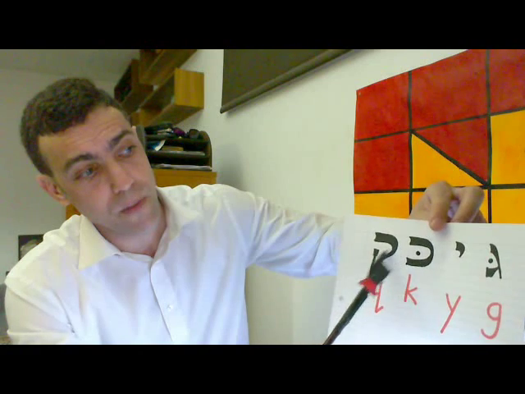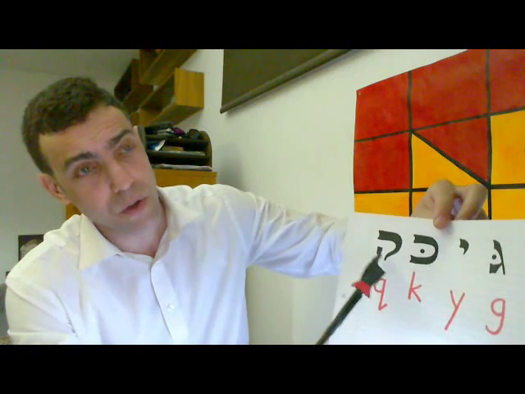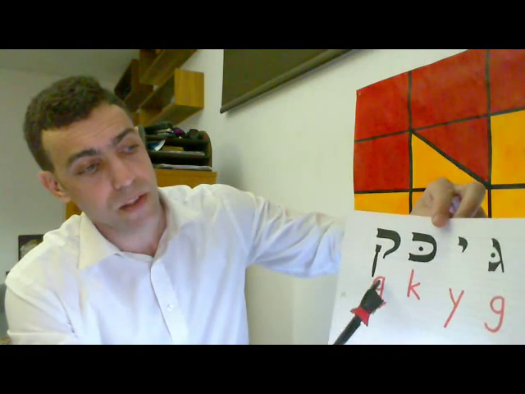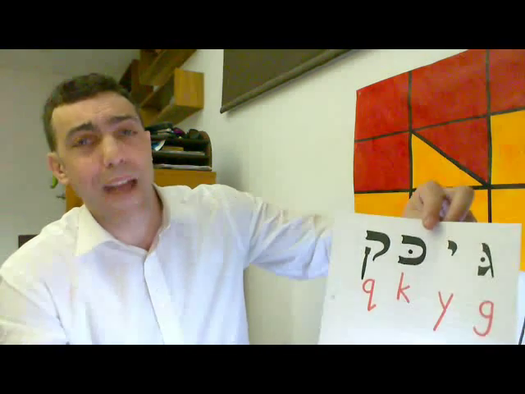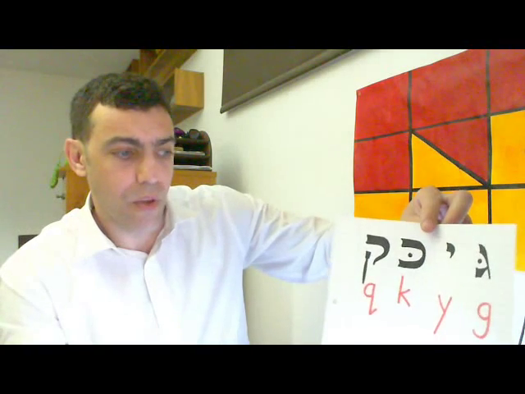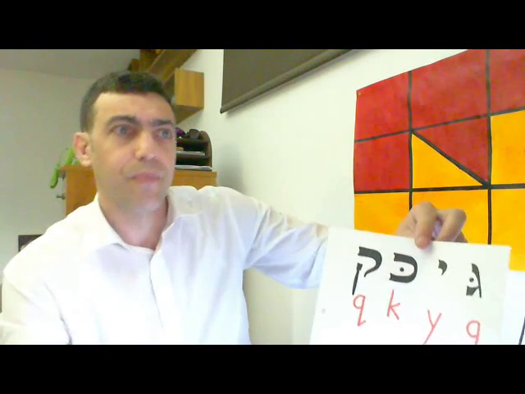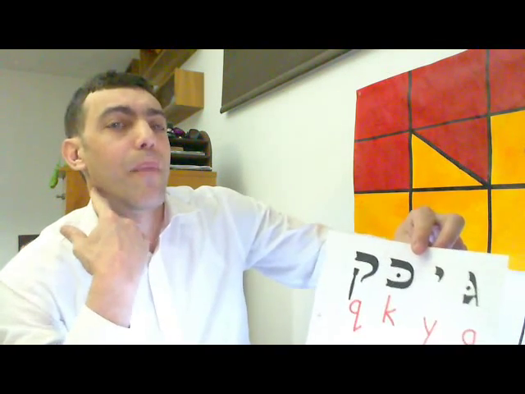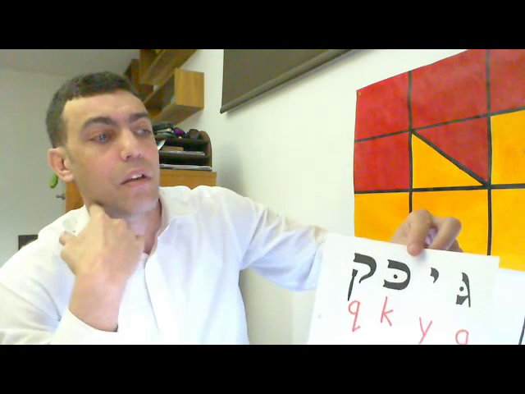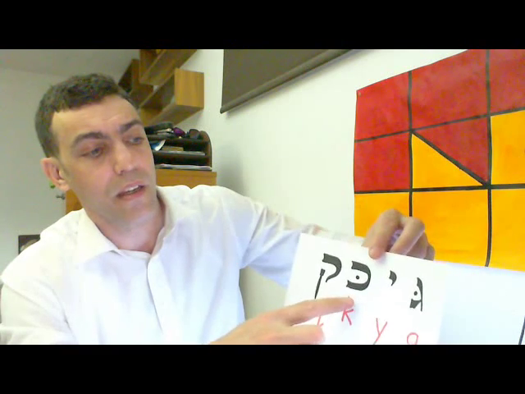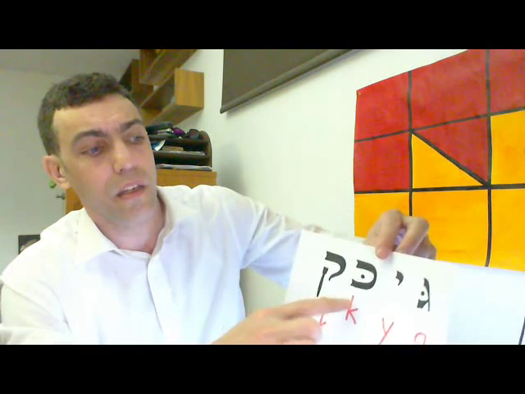It's got this curvy bit and then a line coming down. They don't touch. And this we transliterate with a Q. It's quite far back in the throat. Although it's a palatal, it's actually quite far back on your palate.